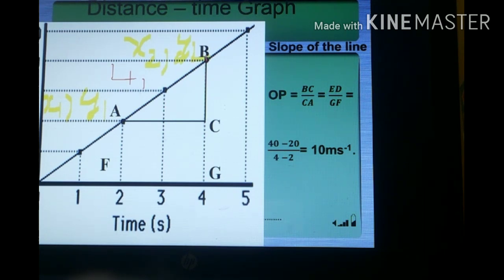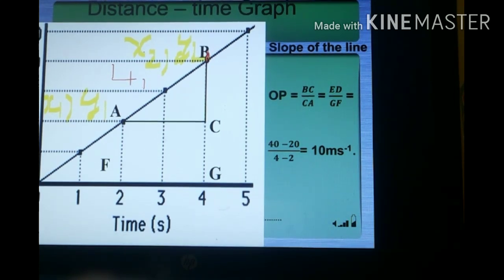You have to find the x coordinate of B and the y coordinate of B. The x coordinate of B is 4, so I am writing over here 4. What is the y coordinate of B? It is 40. Similarly, the x coordinate of A is 2, and the y coordinate of A is 20.